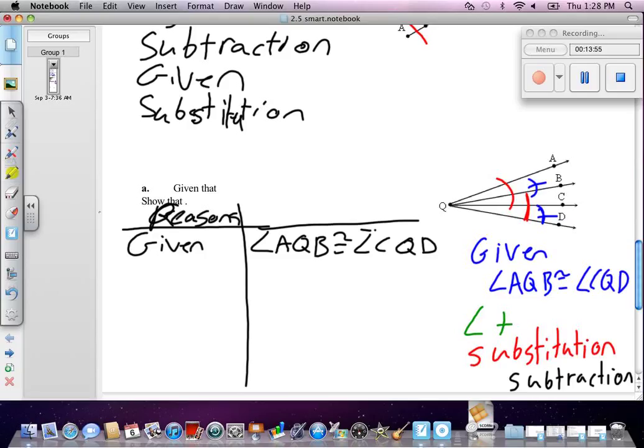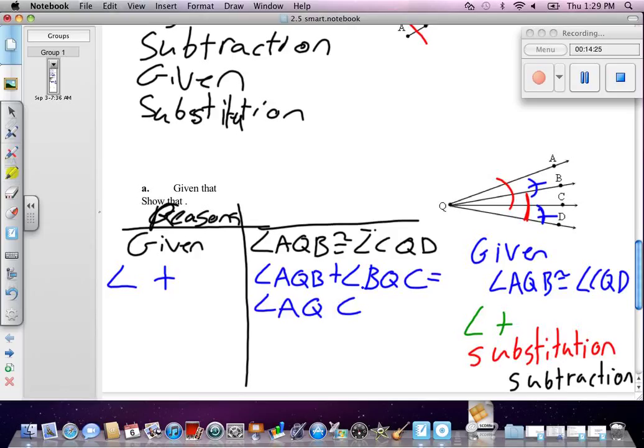Okay. What should come next? Probably angle addition. So this is how I'm going to do the angle addition. I'm going to write angle addition. I'm going to say angle AQB plus angle BQC equals angle AQC.